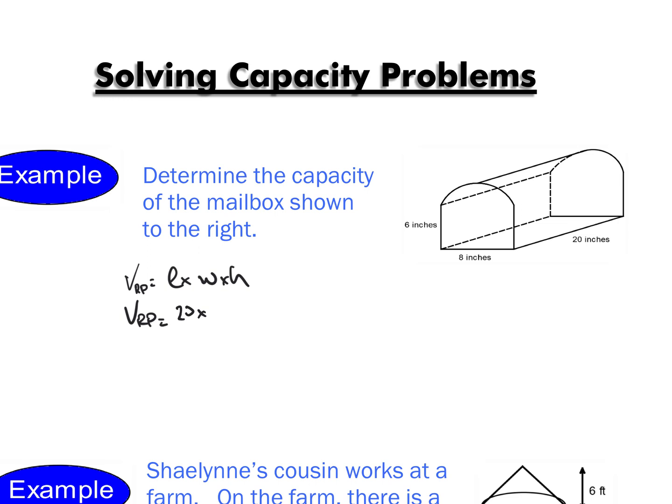What's the height? Cool. 20 times 8 times 6 is 960 inches cubed. Okay? That's the volume of the rectangular prism.